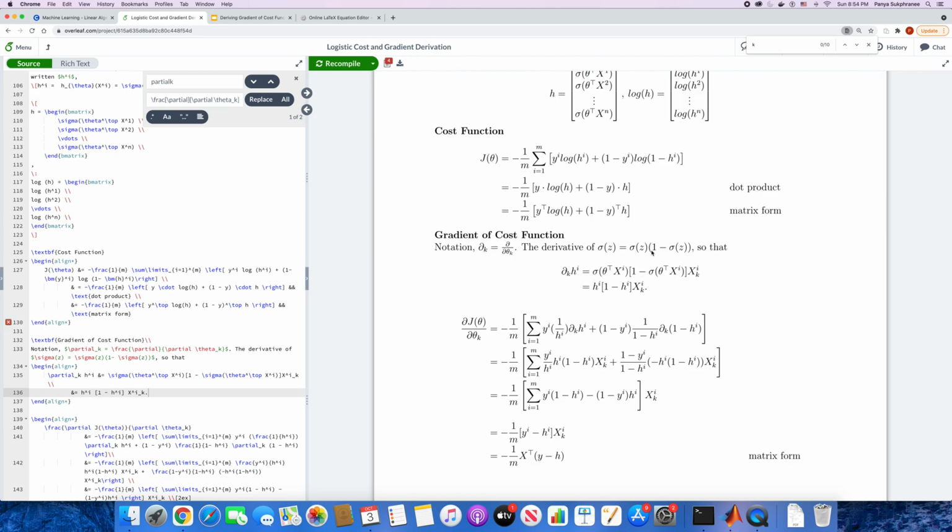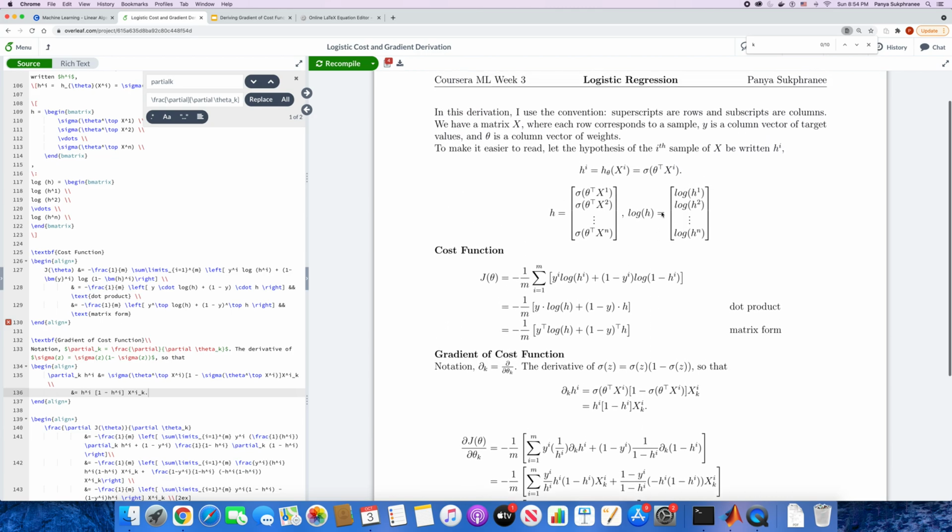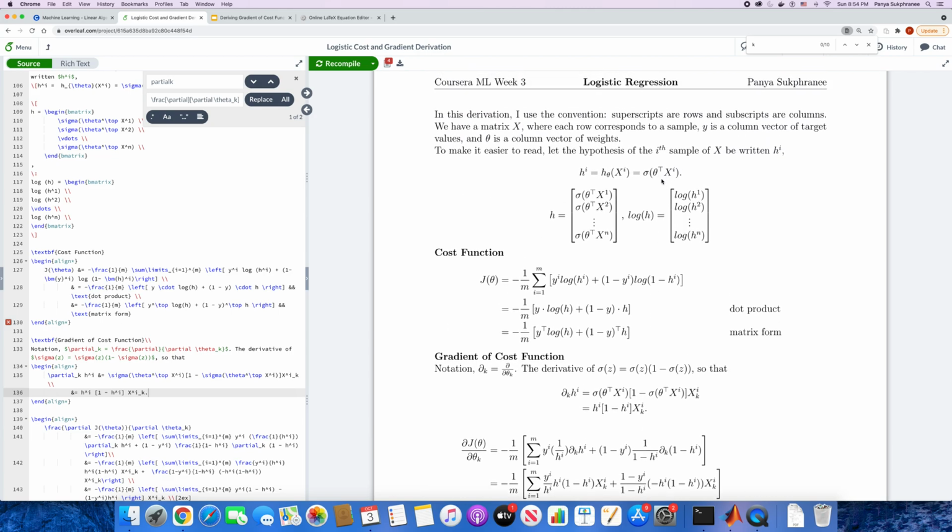And going back up here, note that whatever this is, the z, is the dot product of theta and the ith row of x.